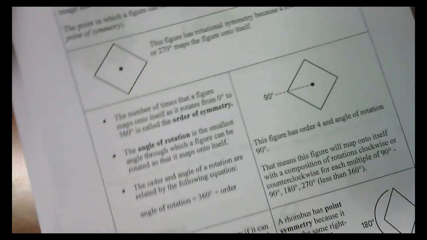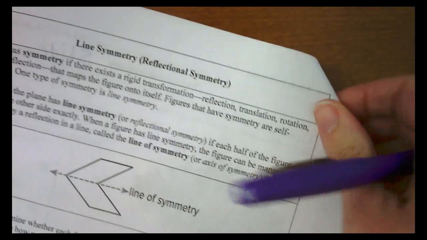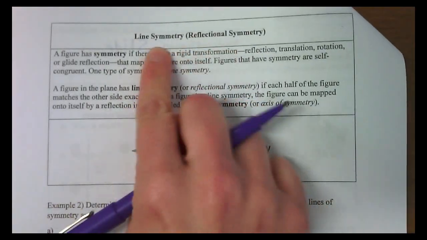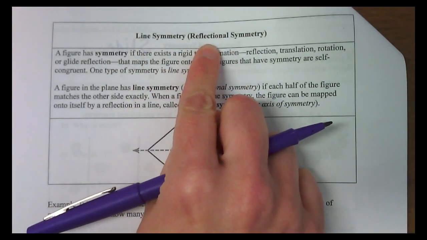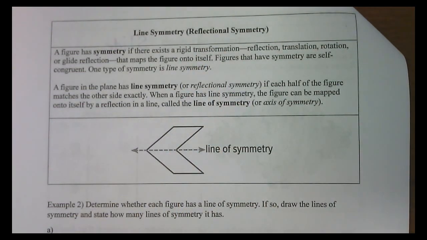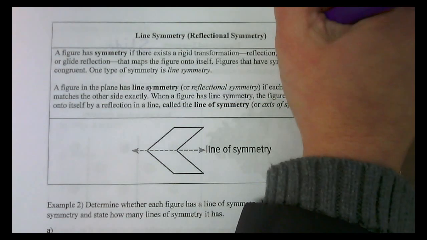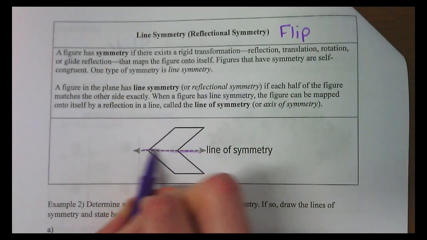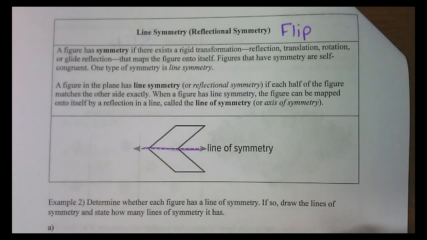Okay. Then we have some other symmetry on the back. We have reflectional symmetry or line symmetry. They mean the same thing. Okay, if there's line symmetry, we can flip something. So I think of the word flip over a line, and it would create the same shape.